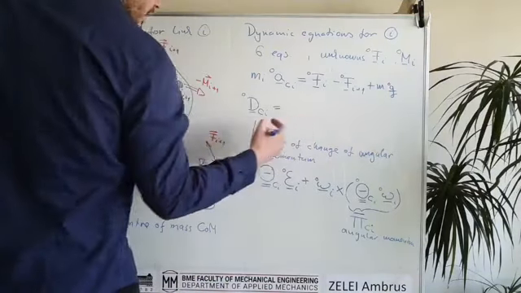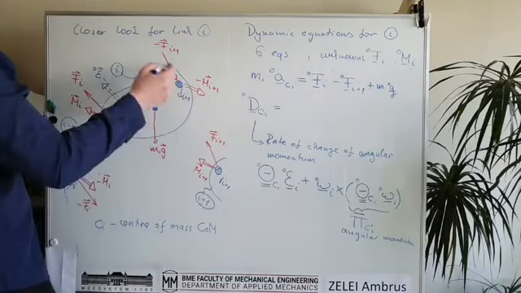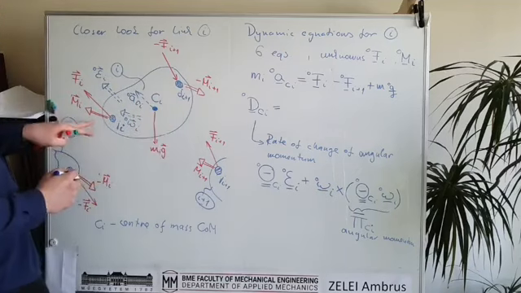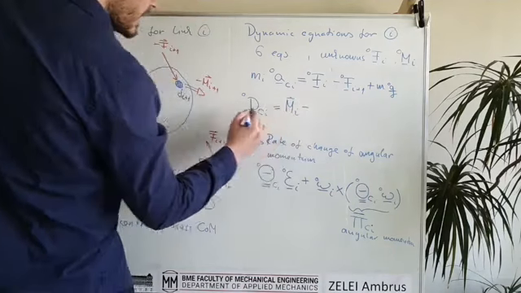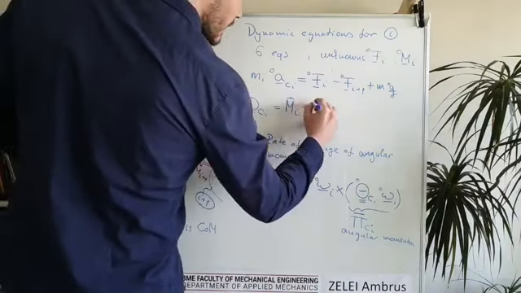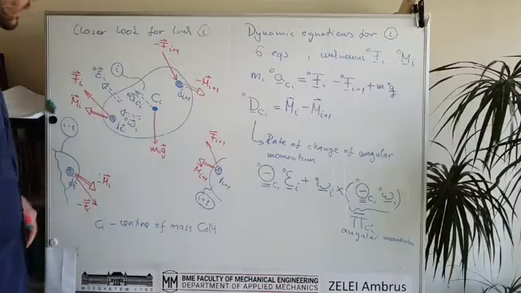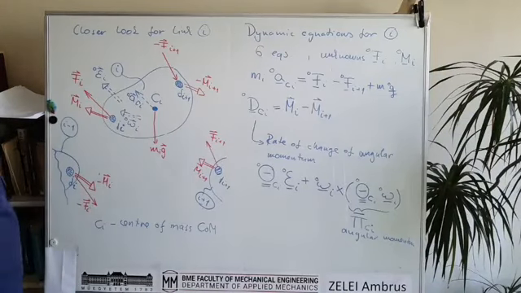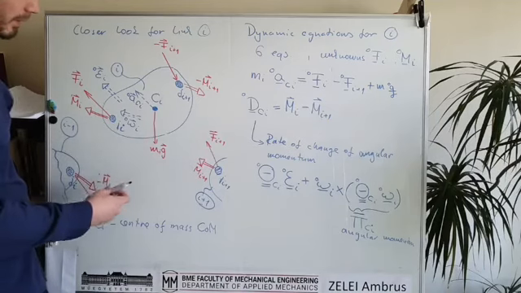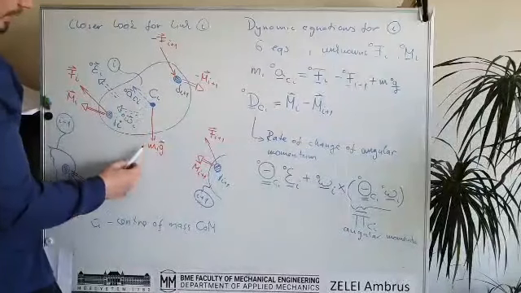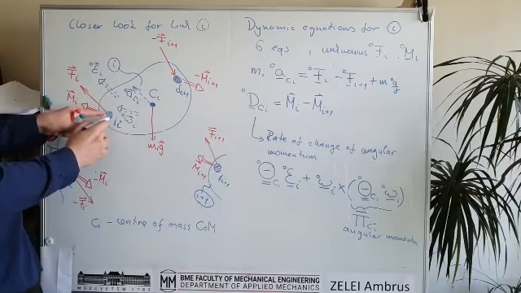And the other part of the equation is the sum of the torques or moments acting on the rigid body. So we see that there is M i, which is a joint torque, and then we have minus M i plus 1. And it's not enough, because we also have the torque of the forces, or moment of the forces. Fortunately, there is no moment coming from the gravitational force, but there is a moment coming from the joint force.